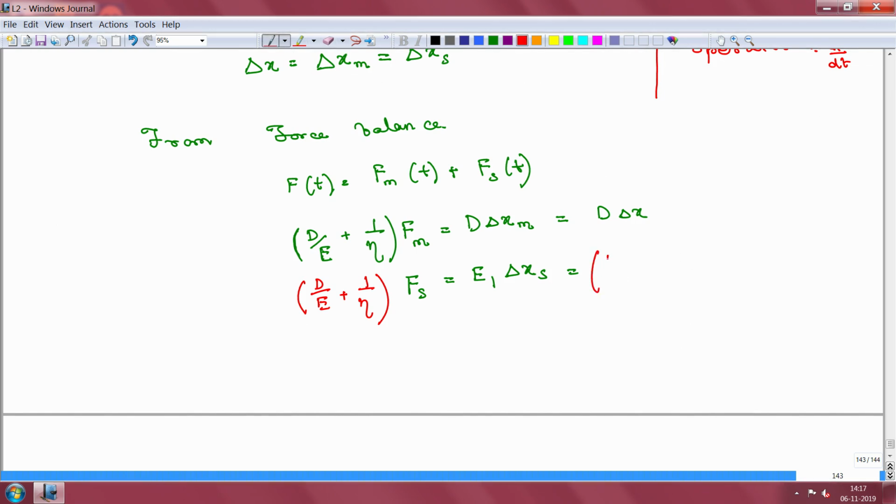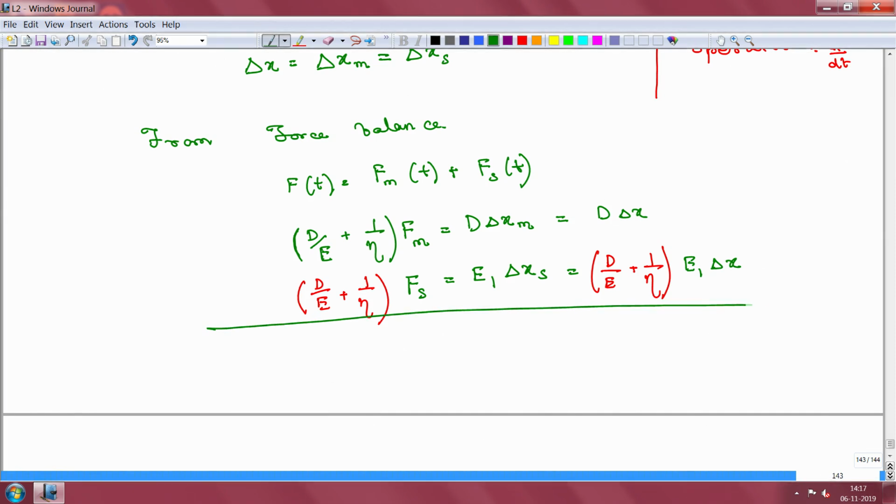So, I will introduce this here also. Or delta x, this s is not required. So, now I can add these two together and I end up with d by E plus eta, the two added together is just F t.